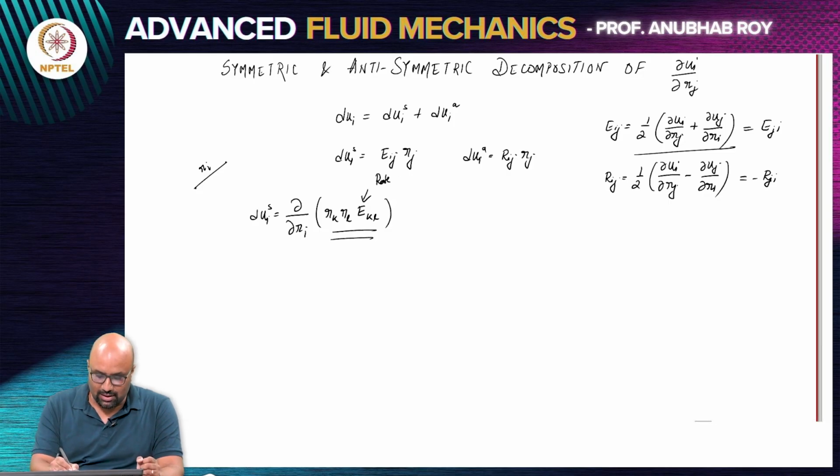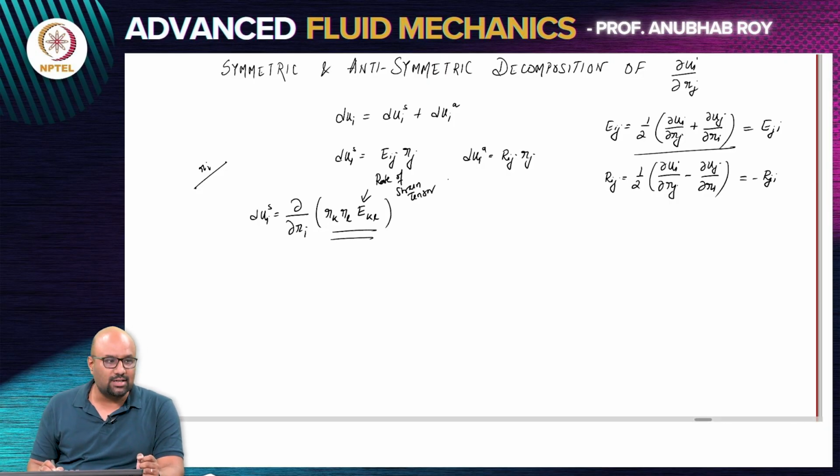So, E is the rate of strain tensor, and by going to a coordinate system that is aligned with the principal axis of the rate of strain tensor, we are able to gather information regarding how a material element gets deformed under the action of the straining. So, this gave us a picture that the material element can actually get stretched or compressed, and today we are going to focus on what goes on regarding the anti-symmetric part.